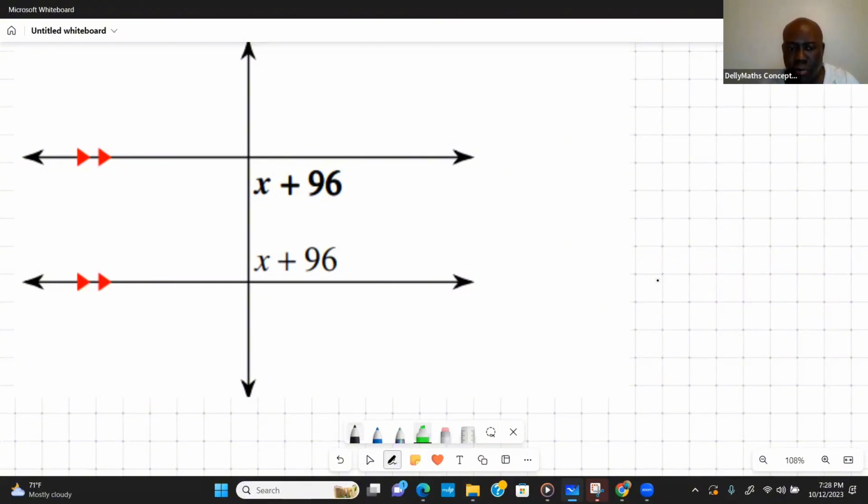So let's take a look. We're looking at it as we have interior same side. So it's interior same side. Also, we are seeing that these are consecutive angles.